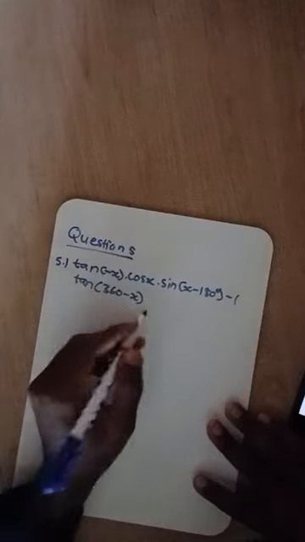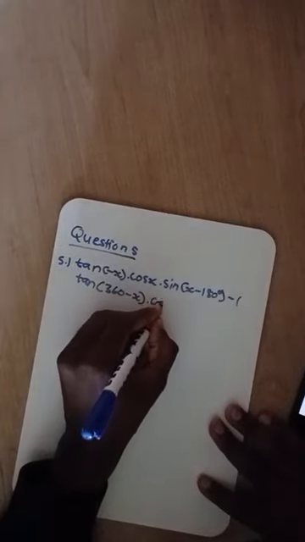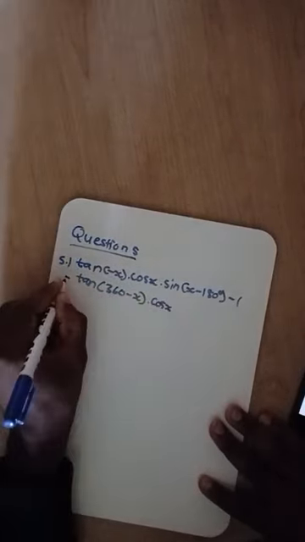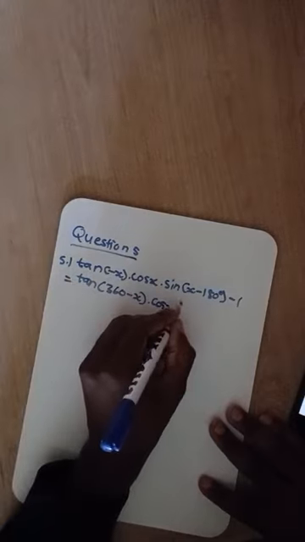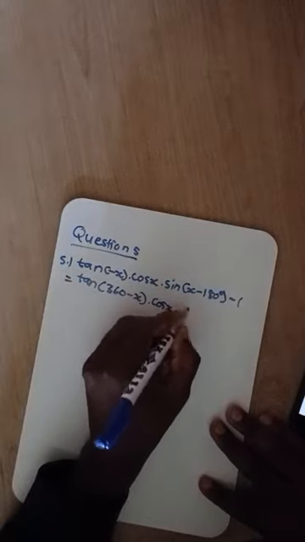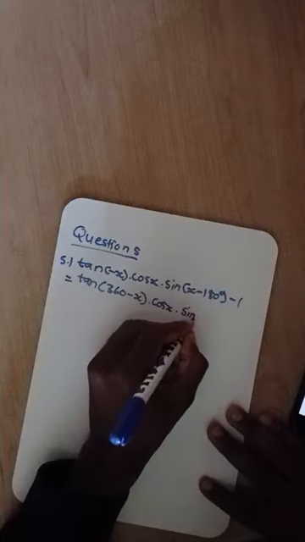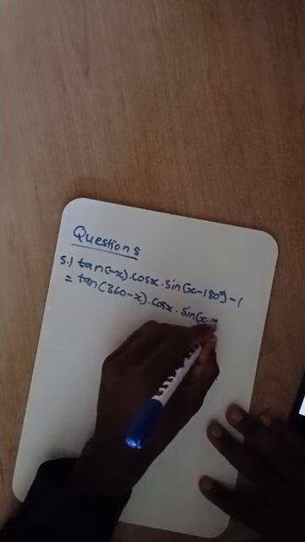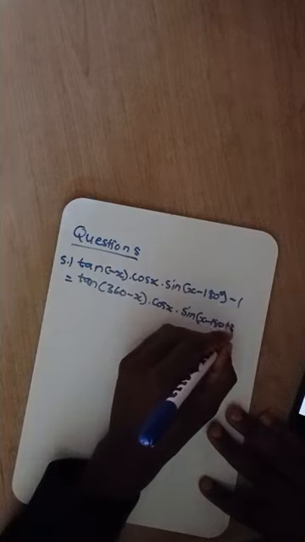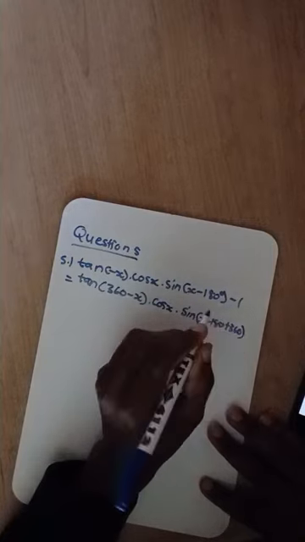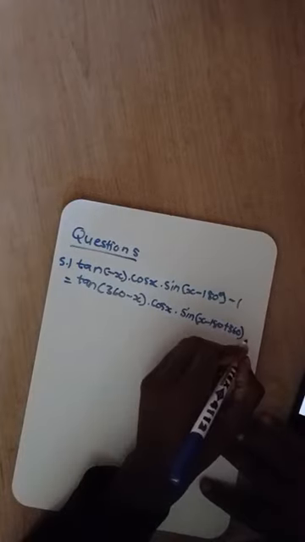Then we're going to have cos of x, and then sine of x minus 180. You're simply going to say sine of x minus 180 plus 360. Once you see a negative one, you must always add 360.